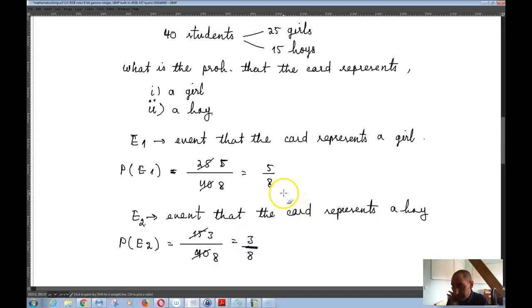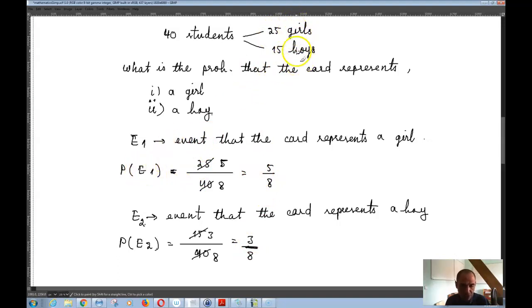And as you can see, these are the only two outcomes of the experiment.